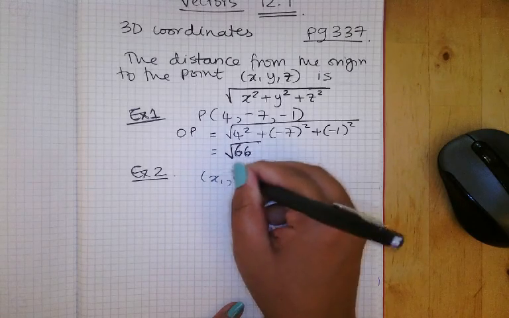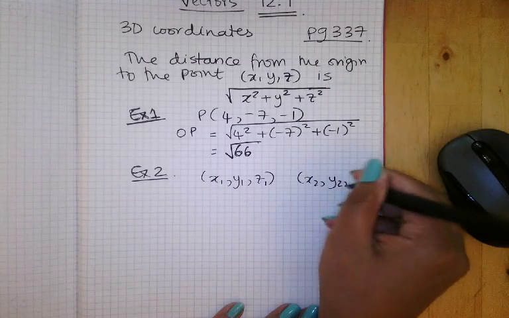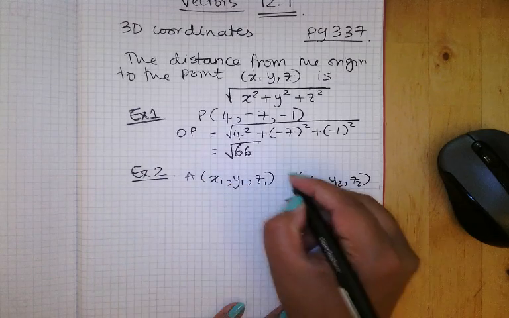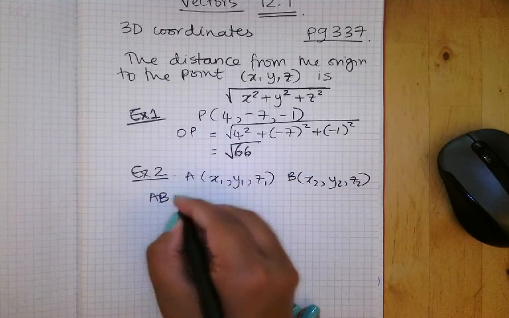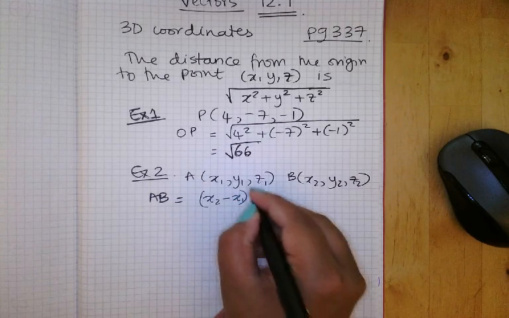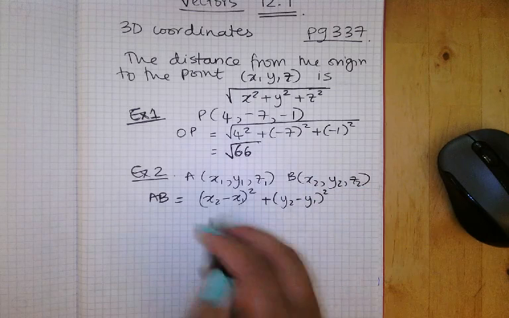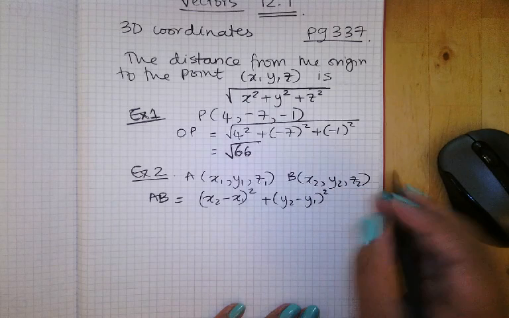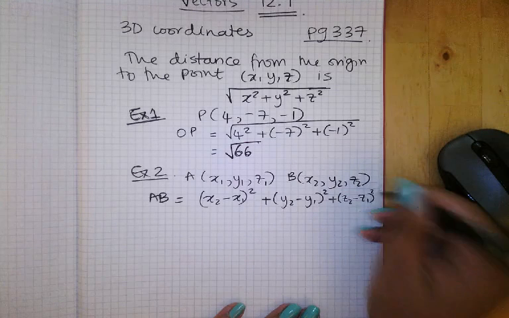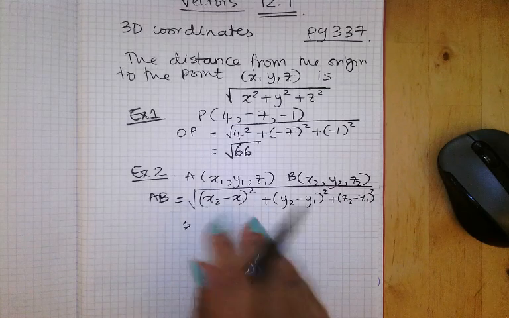So if I've got x1, y1 and z1 as one coordinate, and x2, y2 and z2 as my second coordinate, then the distance between these points, let's call them A, B, would be the difference between the x coordinates squared plus the difference between the y coordinates squared. And if you choose to do x2 minus x1, you've got to do the same for all the other coordinates, plus z2 minus z1 squared, square root. Okay, and that will give you the distance between the 2 points.